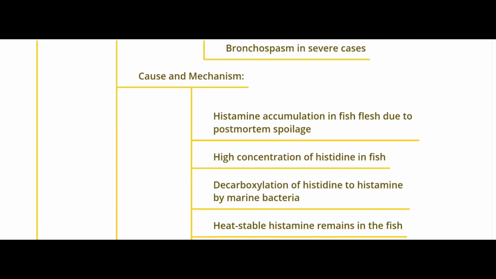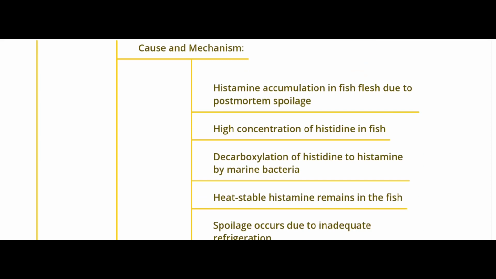The mechanism is the histamine accumulation in fish flesh. These types of fish and multiple other types of fish have a really high concentration of histidine in their fat tissue.